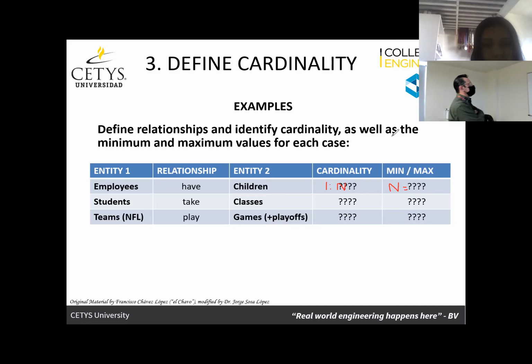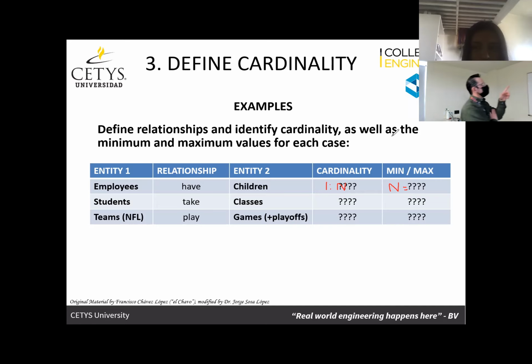What do you think would be the minimum value of N and the maximum value of N? Minimum is 2. Could you say that again a little bit louder, please? I think the minimum is 2.